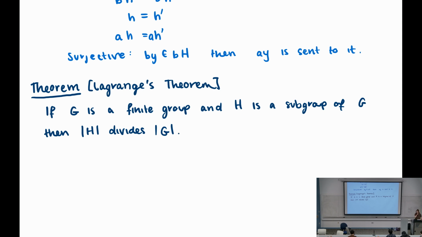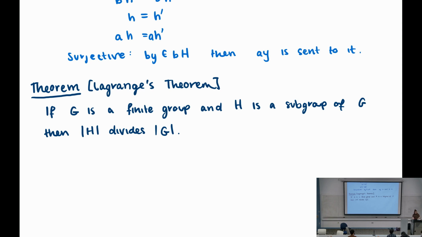So recall that we had the fundamental theorem of cyclic groups, which said that for every divisor of the order, we have exactly one subgroup. So this is sort of a generalization of that, in that we now know that the order of a subgroup must divide the order of the group, but we aren't guaranteed that there is a subgroup of every possible order or that there is just one subgroup of a given order. We just know that it has to divide.